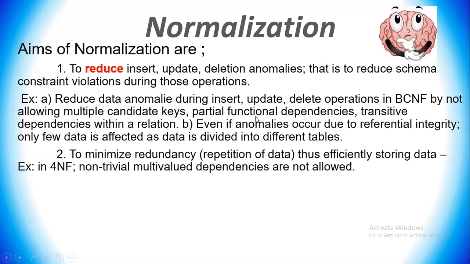So I have given here an example. There is a normal form known as Boyce-Codd normal form. We will learn that one next week. It does not allow multiple candidate keys, partial functional dependencies, or transitive dependencies within a relation. As I have shown you in the example of the employee table, if there are transitive dependencies, their constraints could be violated.